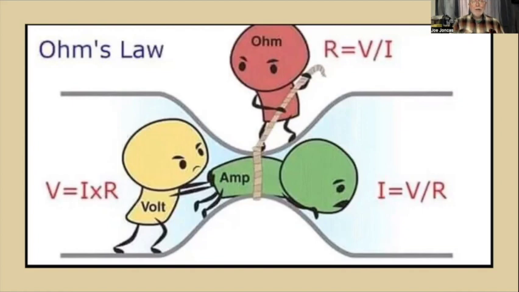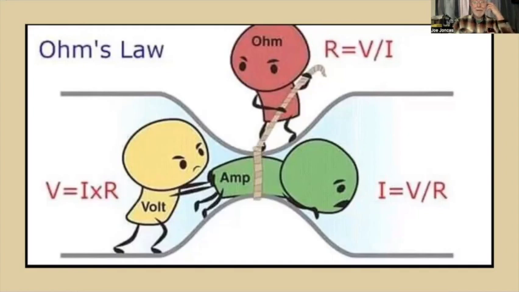So volts, or the electromotive force, is the force trying to shove current through a circuit. An amp is the amount of current that's flowing through the circuit. That's I. And then there's the tough guy, R, resistance. He tries to stop current from flowing. So there's V or E over I equals R.